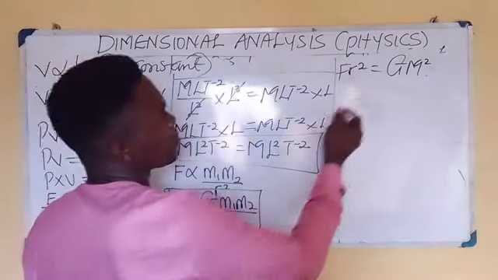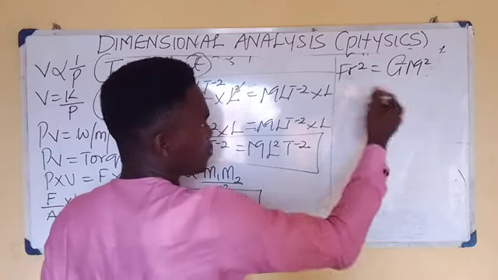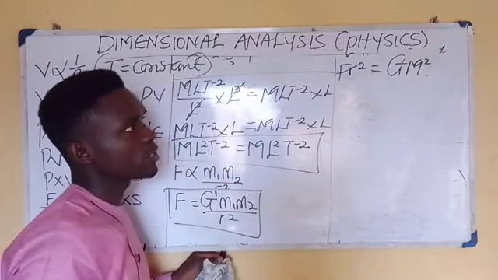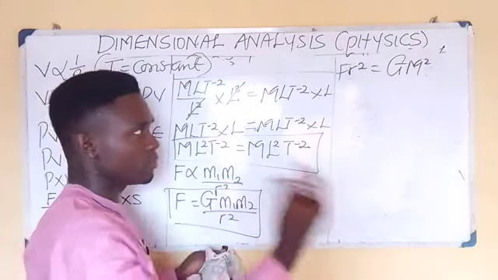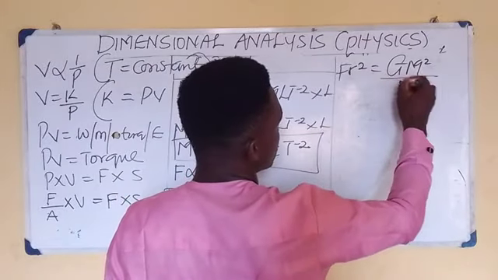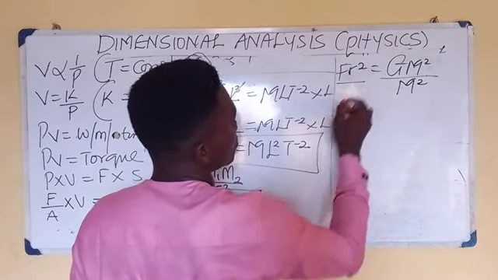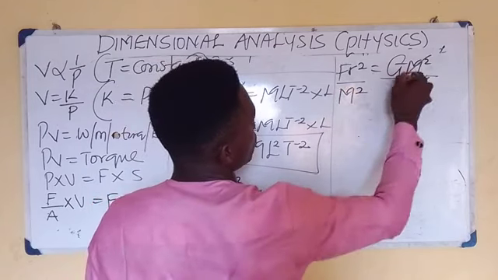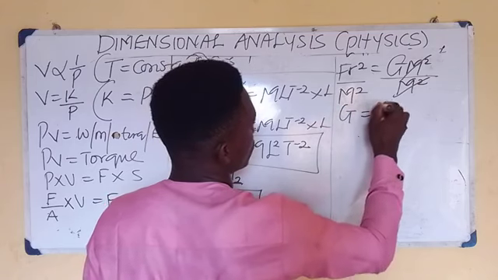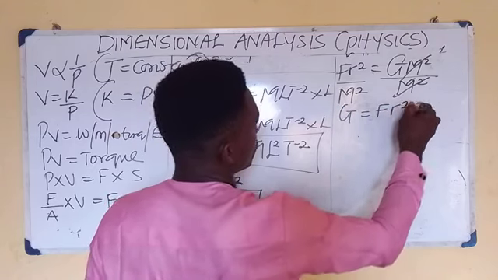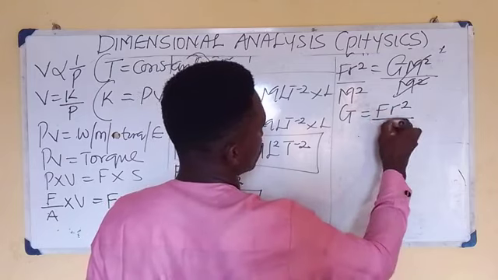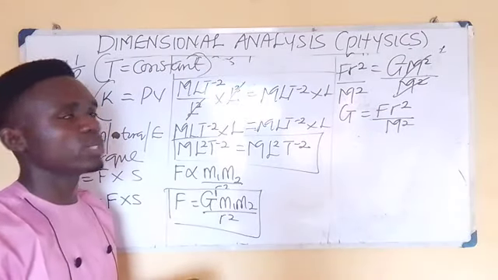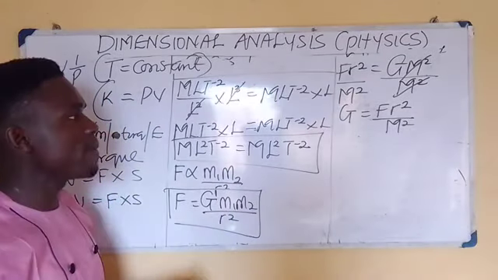I want to make G the subject of the formula, but let me do it that way for a better understanding, please. All right, so that is how it is.